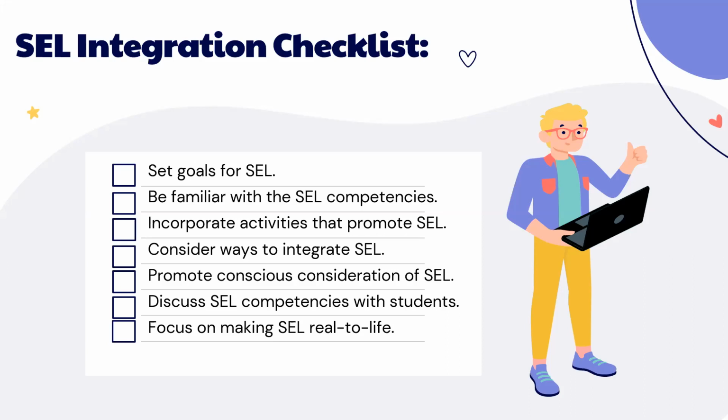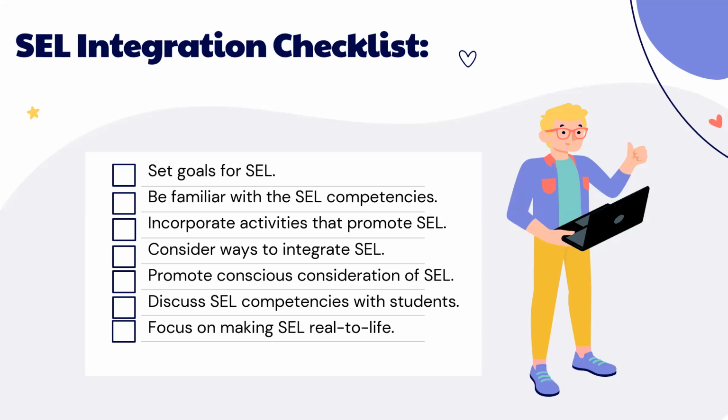So just our traditional checklist before we get into questions really quickly. Being certain to set goals for SEL, which competencies are most important to your class at that time. Being familiar with each of the competencies, making sure that you're incorporating activities that are promoting them, considering ways to integrate them, and promoting conscious consideration of them, both among your class as well as within activities and lessons.